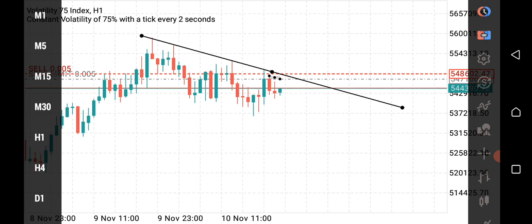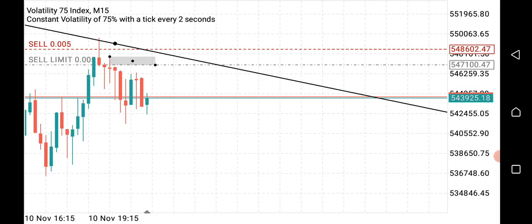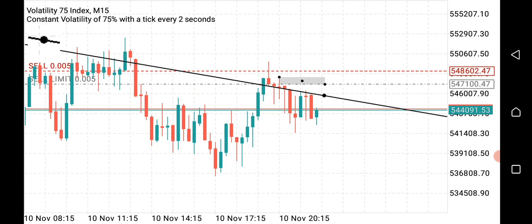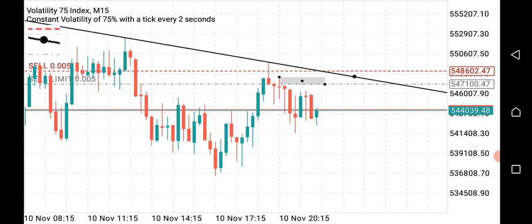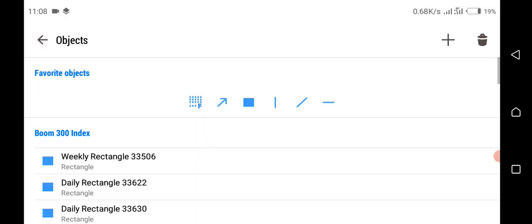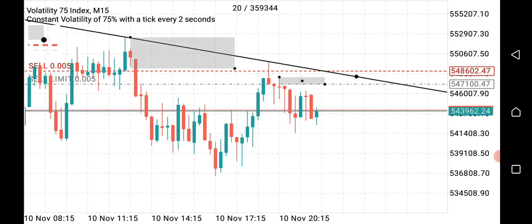So I'm going to find out if I have other setups, like other confirmations, like maybe going down to 15 minutes, looking for other blocks. You can see I've got this other block here. You can see another block here.